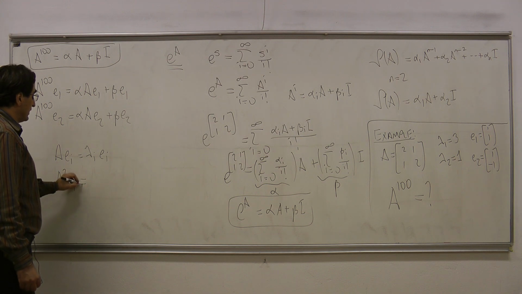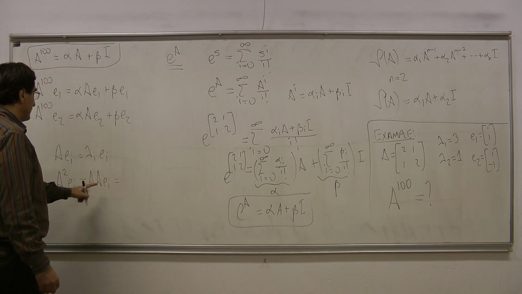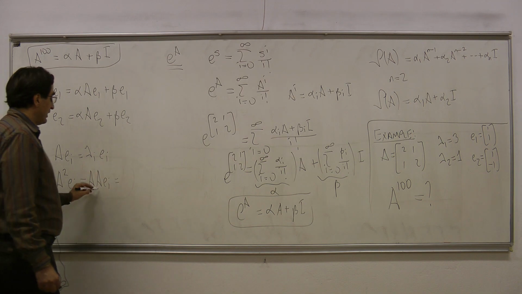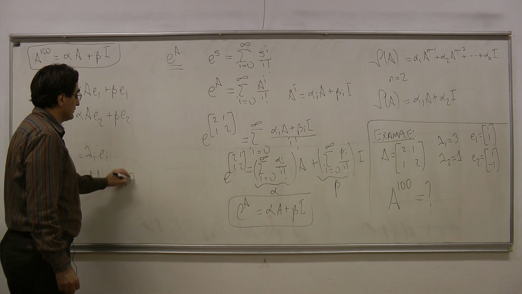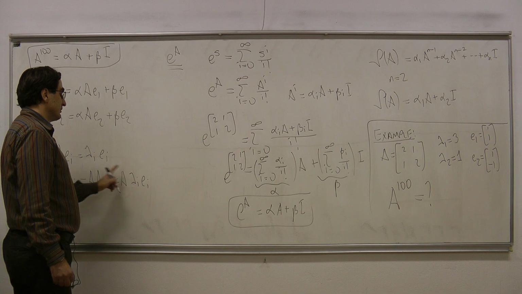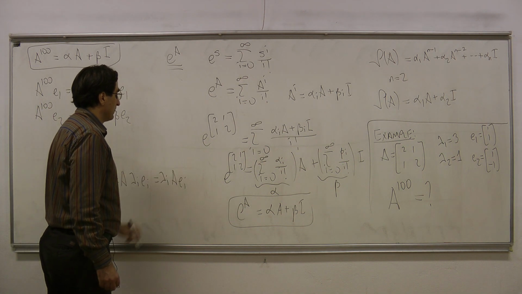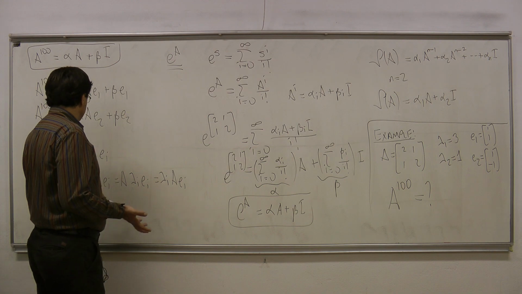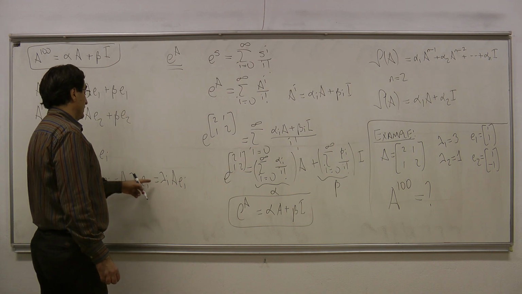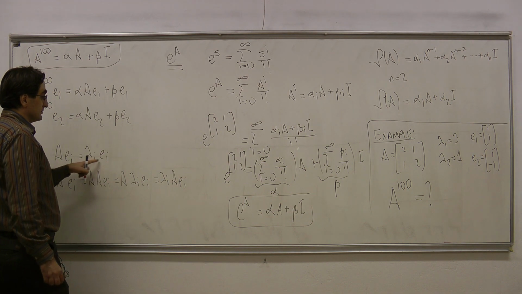A squared Ei. What do you think this is? In this case, I can write this as A times A Ei, okay? Because A squared is A times A, and A Ei is lambda i Ei, okay? Lambda i is just a scalar, it can get outside, so lambda i A Ei, okay? So then here, I can again use the formula A Ei equals lambda i Ei.